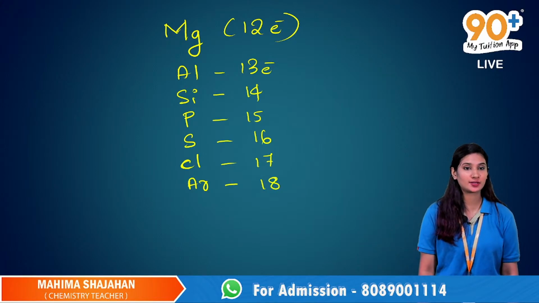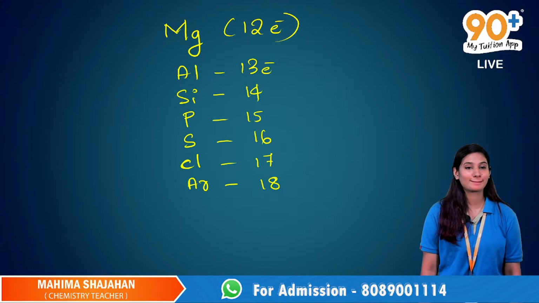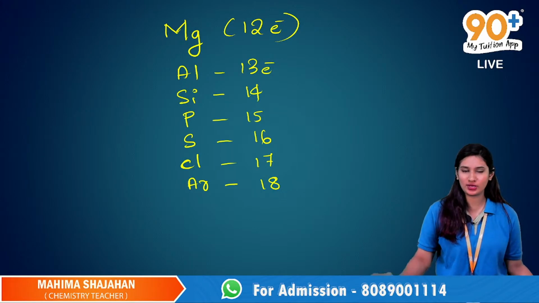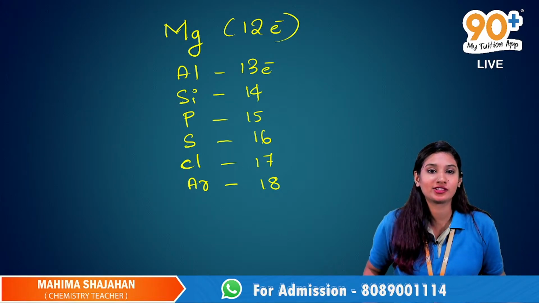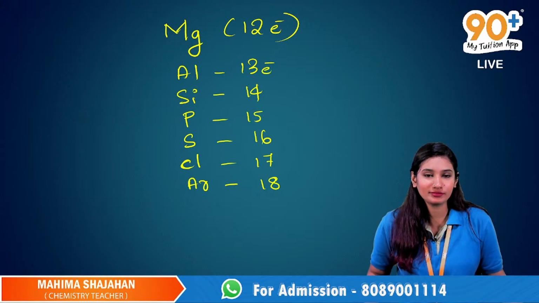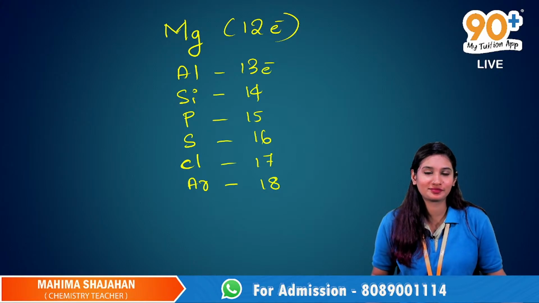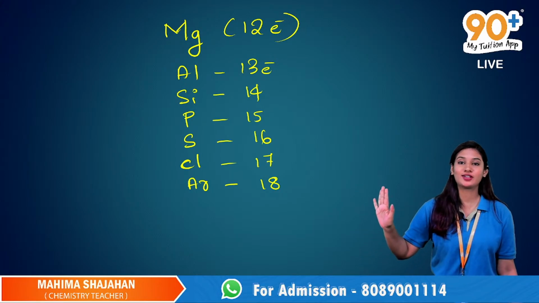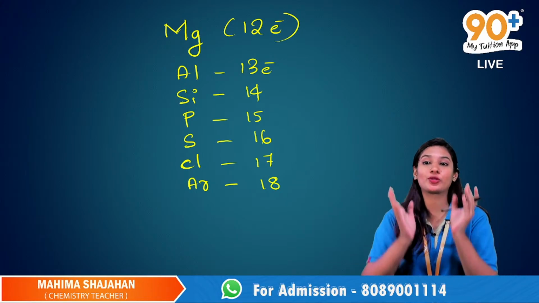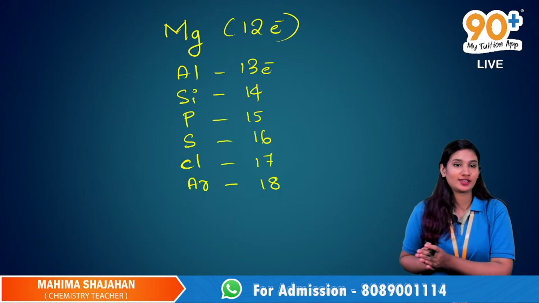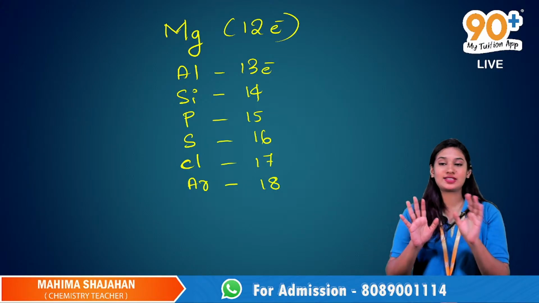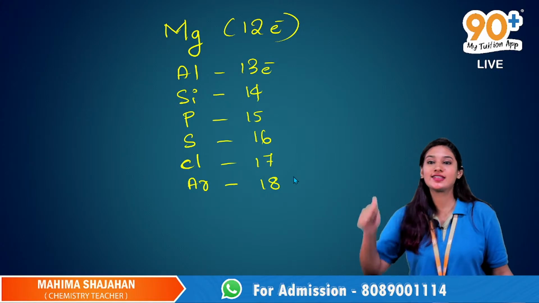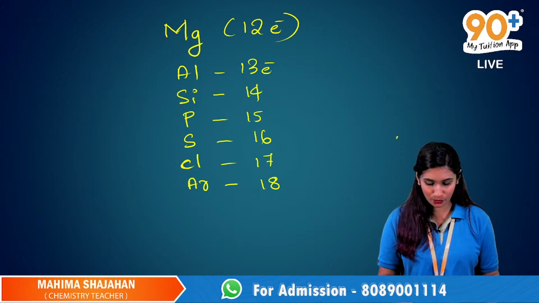Will you do it? Yes, this is a homework. Okay, you can take a quick screenshot and write the electronic configurations, and also you should draw the structure. Yes, schematically you should represent these atoms. Alright. So we are moving on.